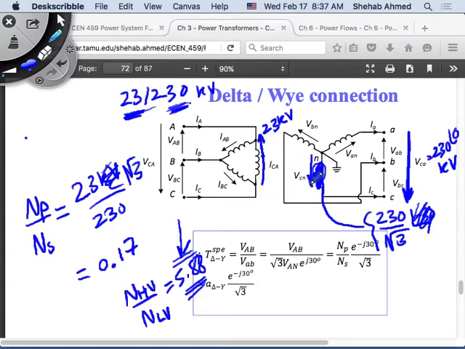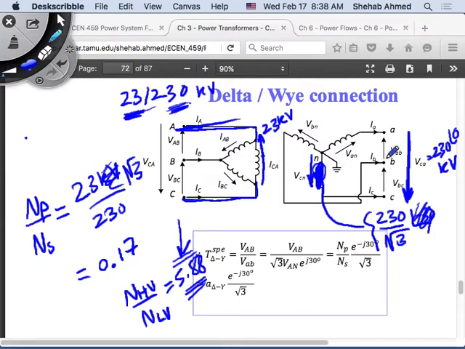I'm telling you that you are given a delta star transformer that is rated for 23 kilovolts on the primary terminals and 230 kilovolts on the secondary terminals. That's the terminal voltage of this transformer, 23. This is the voltage between the two terminals A and C, 23 kilovolts.